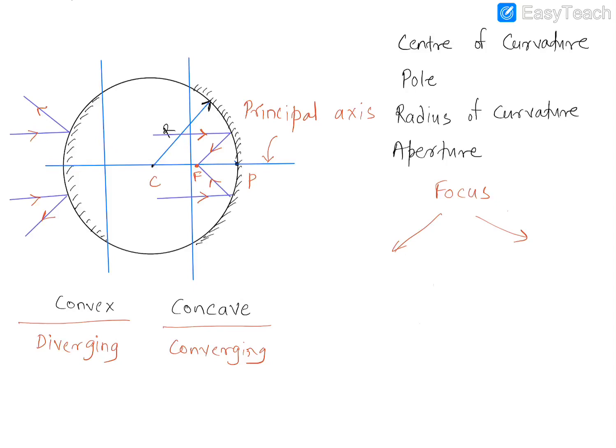They are moving away from each other while coming back. But if I produce these light rays backwards, they will come and meet at one point, and that point where they meet is called the focus. So this is called a virtual focus. Why virtual focus? Because the light rays are just appearing to meet. Whereas the other F is called a real focus. Why real focus? Because the light rays will actually meet over there.